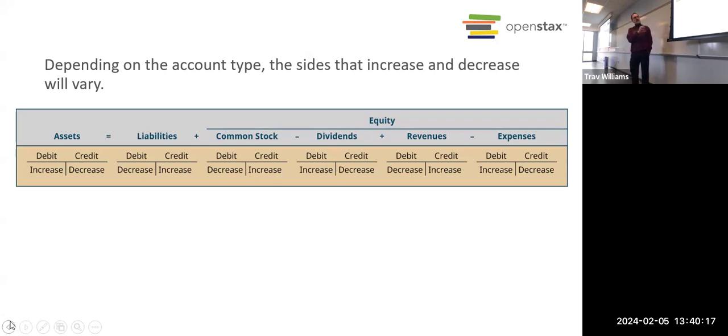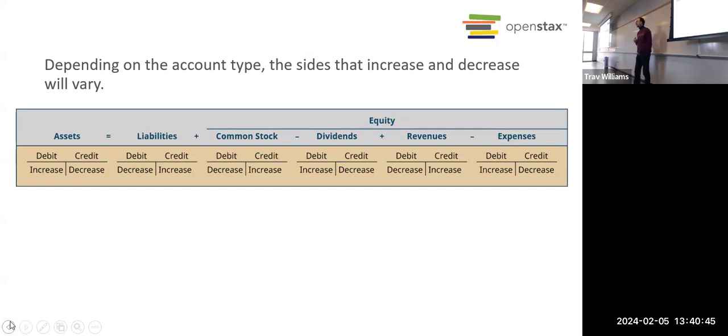So this chart here, which is in the textbook, you can also download this PowerPoint if it's helpful to you. This will be useful when you get confused. If you've got a situation where you're trying to figure out, am I supposed to debit or am I supposed to credit? You could always use that DEAL acronym to help you figure it out. But if you get stuck or you're just not sure, you could take a look at this.